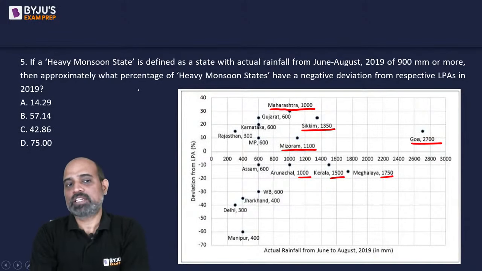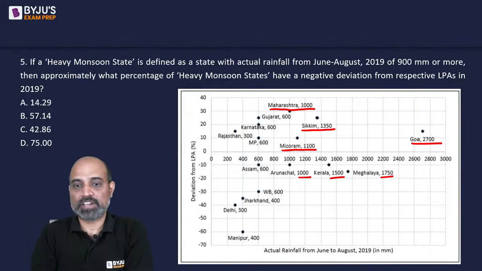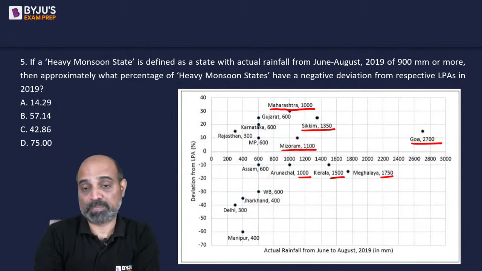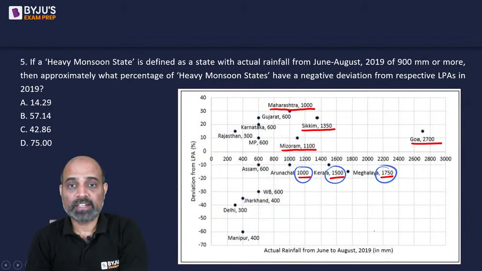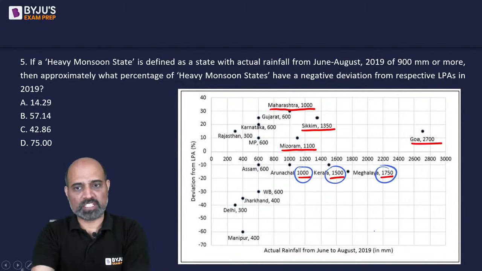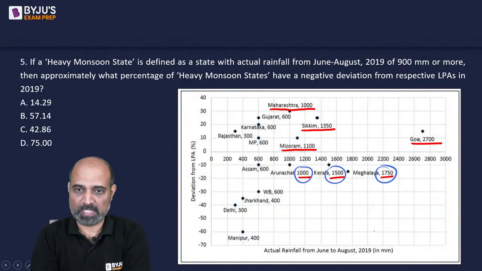Then approximately what percentage of heavy monsoon states have a negative deviation? Negative deviation अब किन में है? This is the second part that we need to identify. The negative deviations are in these 3, right? From respective LPAs. So obviously the negative deviation has to do with previous LPAs.